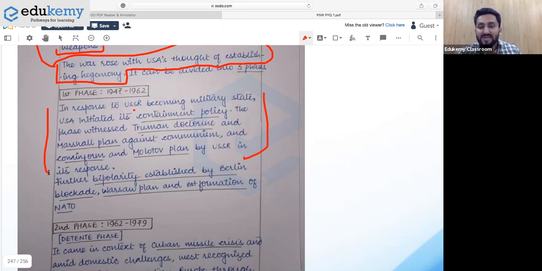But if we talk about USSR's perspective, USSR was never of the opinion to expand and finish capitalist states. And it was very much evident from some of the policy decisions which were taken by Mr. Stalin.